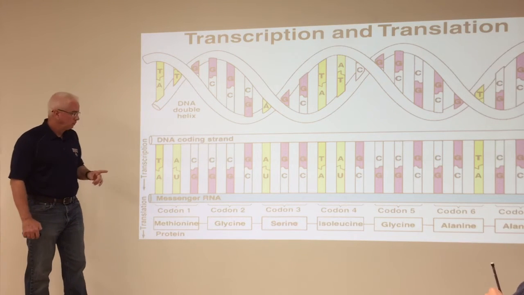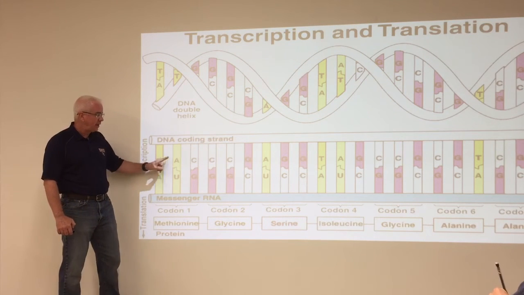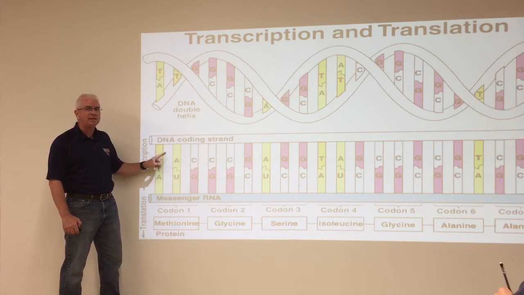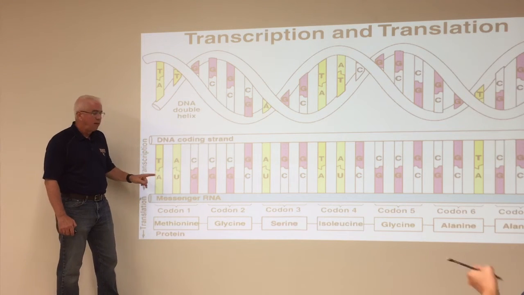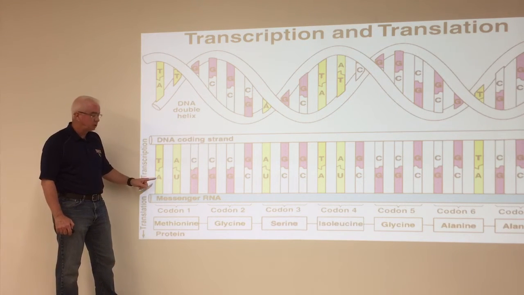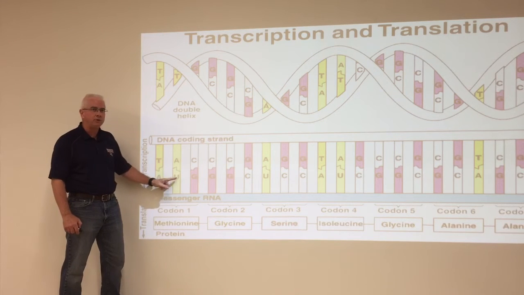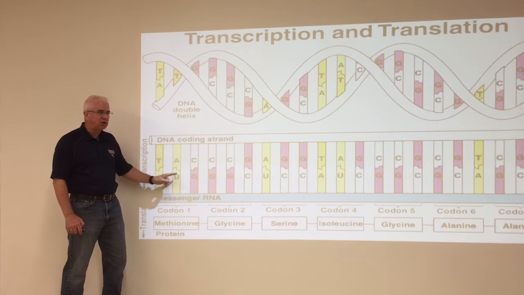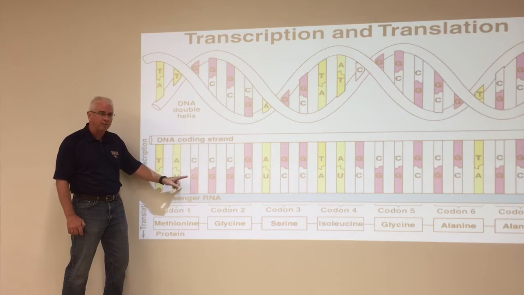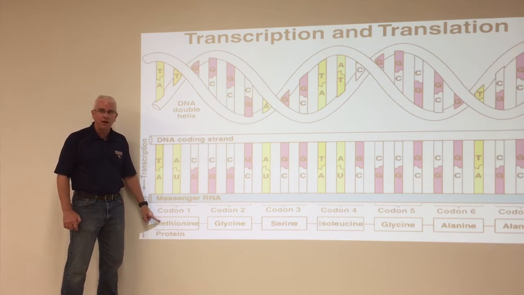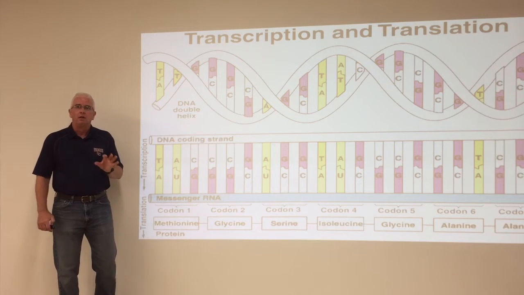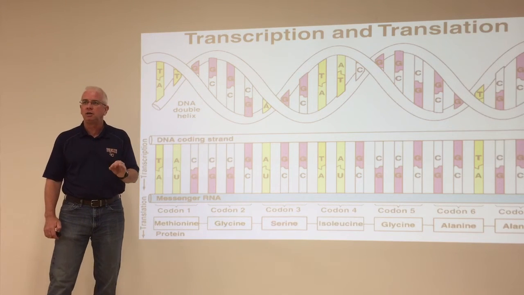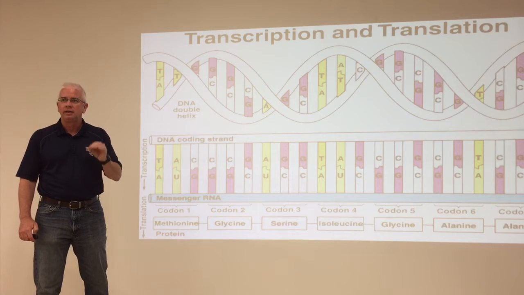I know that if the DNA base sequence is TAC, the mRNA message transcribed will be AUG. And I know if the AUG message is on the RNA, the amino acid will be methionine. The code in biology for methionine is AUG.